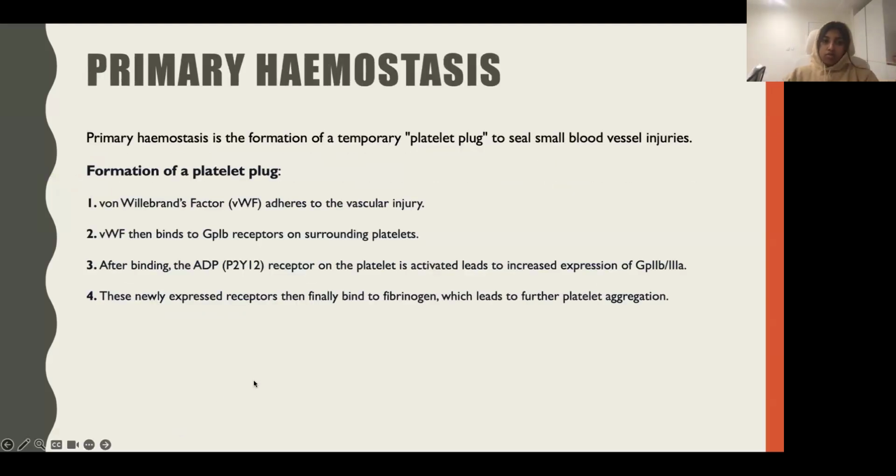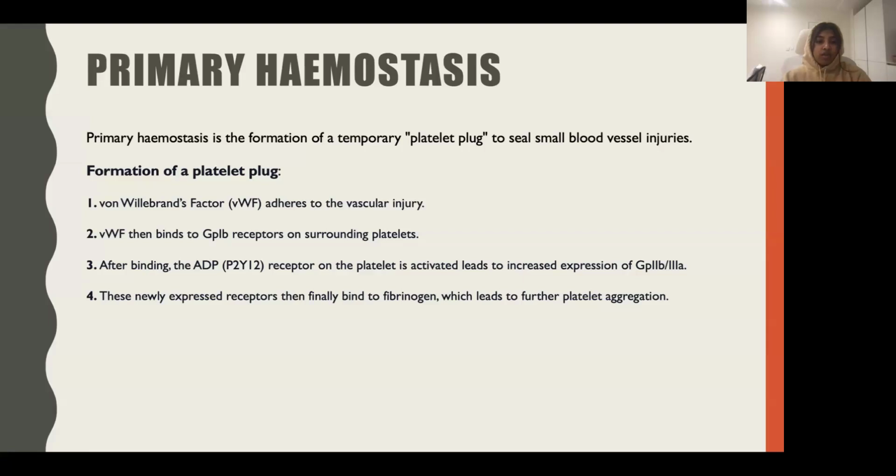So a bit about hemostasis. I'm no expert in this, but to make it really simple, there's primary hemostasis, which is where you form a temporary platelet plug. This is to seal small blood vessel injuries. The formation of this platelet plug uses von Willebrand's factor, which sticks to the vascular injury.